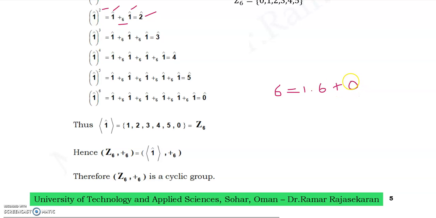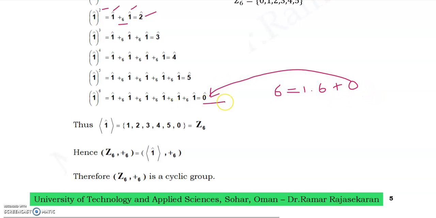In a similar way they have written the others, but for the number 5, which is less than 6, if you divide 5 by 6, the remainder is 5. That's why we are writing 1, 2, 3, 4, 5, but here we are getting 6, so after applying modulo 6 your answer is 0.